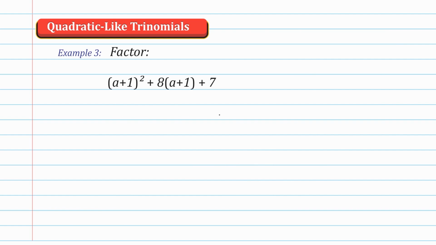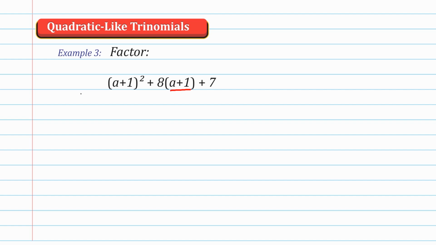Okay, what if we're given the last example here? We are asked to factor a plus 1, that quantity squared, plus 8 times a plus 1 quantity, plus 7. Now, just like in the previous examples, the key is the middle literal coefficient. In this case, the literal coefficient is not really a monomial. It's actually a binomial, a plus 1.